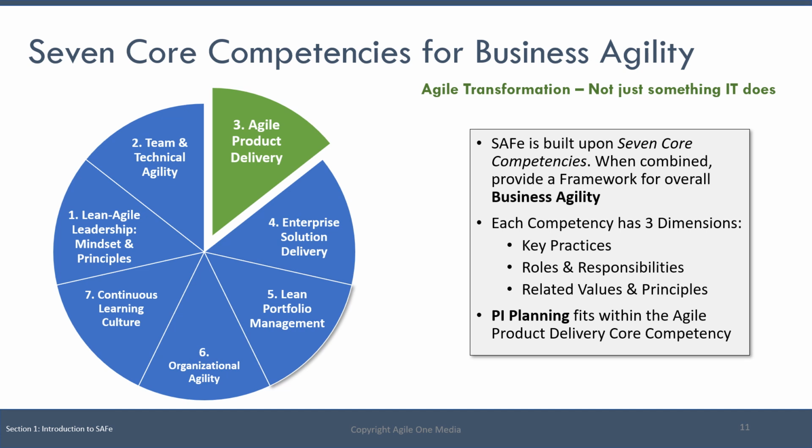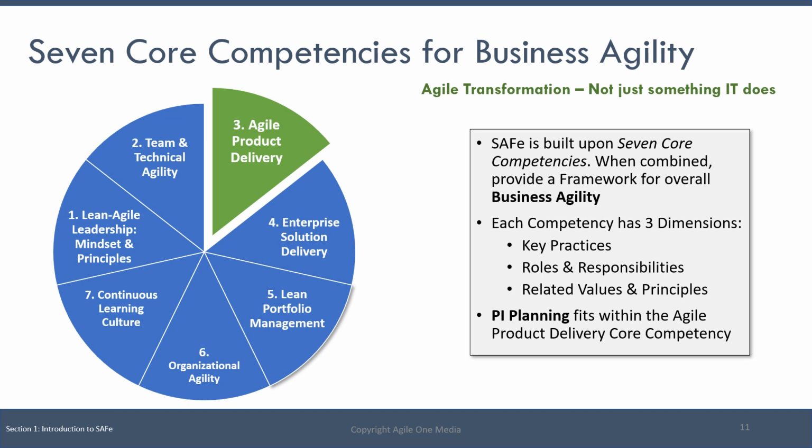Then we have lean portfolio management. This is where we connect strategy to execution and how ART backlogs represent the work needed to realize strategy. It also covers topics like lean budgeting. Lean budgeting is an adaptive approach for investment funding among multiple value streams within a single portfolio.